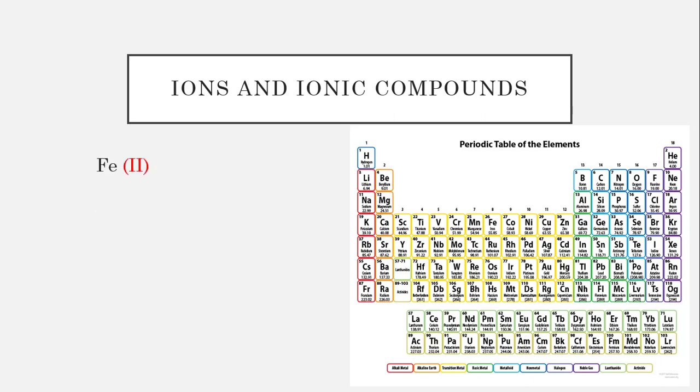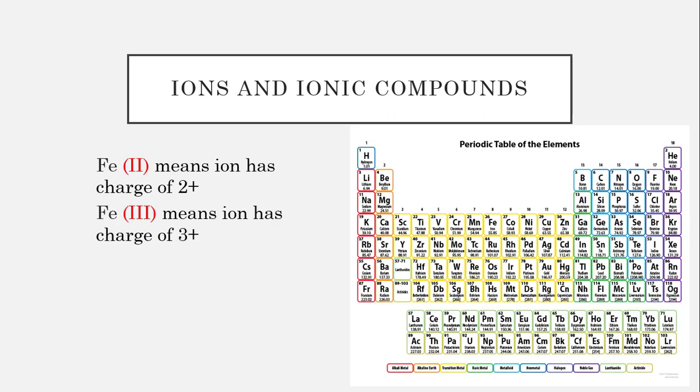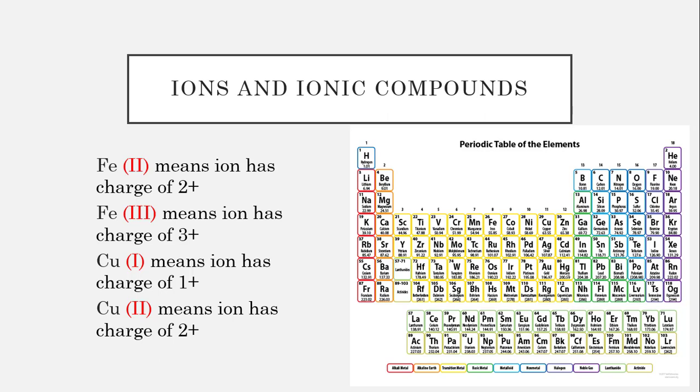So, for example, iron II, the ion of iron here will be 2+. Iron III, the ion of this atom would be 3+. Cu I means a charge of 1+. Cu II, or copper II, means a charge of 2+, and so on and so forth. The Roman numeral equals the positive charge.